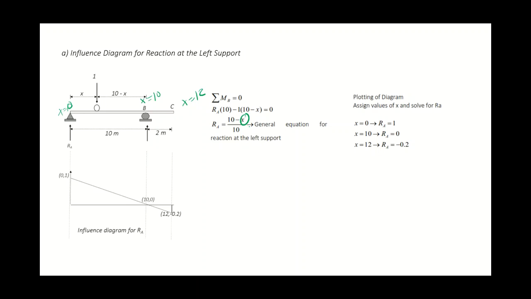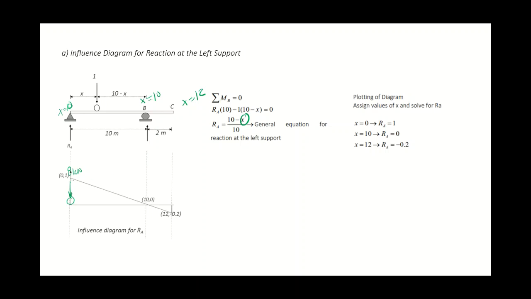Now, the question is, what is the maximum positive reaction for the left support? The maximum positive is here. To get the maximum positive, of course, we place the bigger concentrated load at 1, which is the 8. 8 times 1 is 8, so the value is larger. If it were the 5, the value would be smaller.